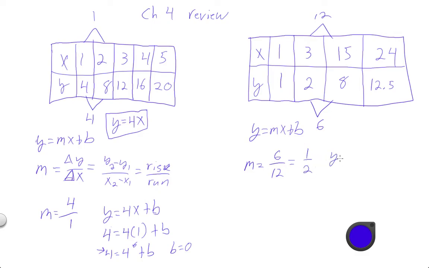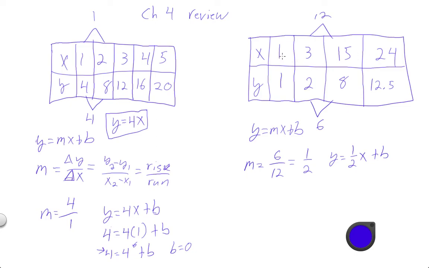And so our equation so far says y equals 1/2 x, and we need to figure out what b is. To figure out what b is, again we're going to go to our table and plug in one of these x values and see what we get out for y.